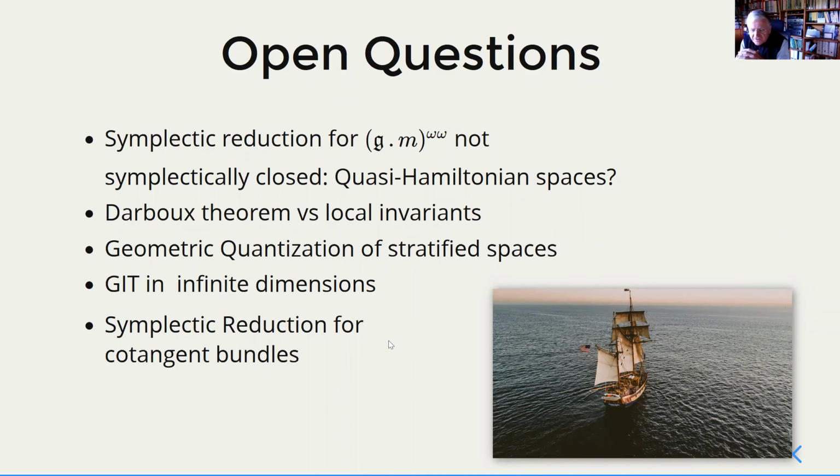Yes, I think that's a good idea. I'm not sure if you should really take the completion. You mean you would take the completion with respect to the metric? Yes, that would probably be the Riemannian analog of the symplectic topology. Essentially everything that I said about symplectic forms also works for Riemannian metrics, because the symmetric part is not that important.